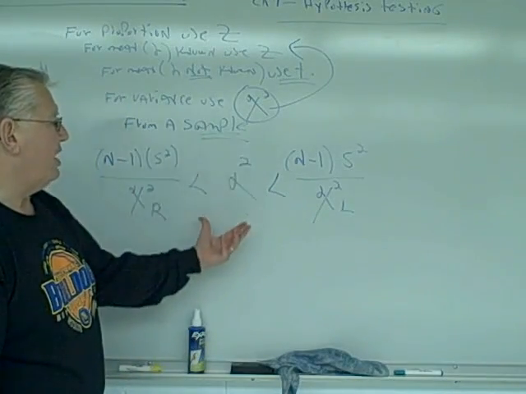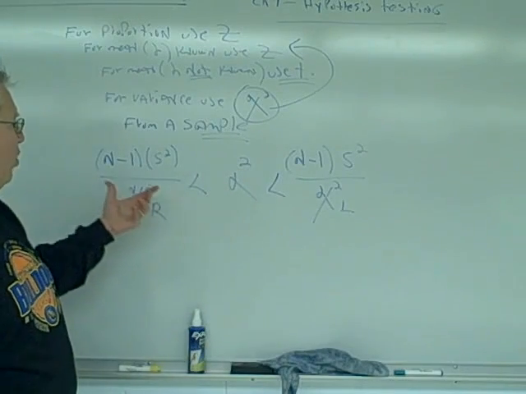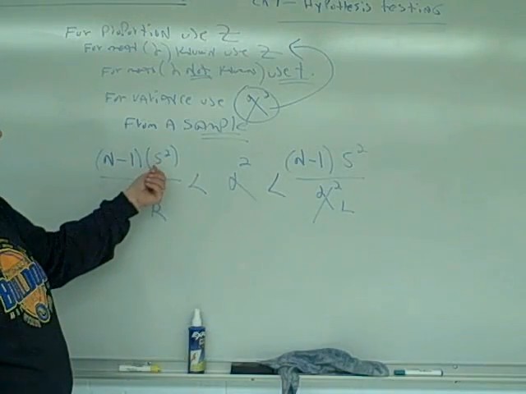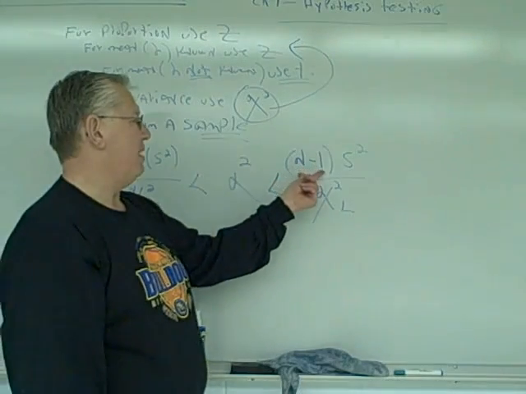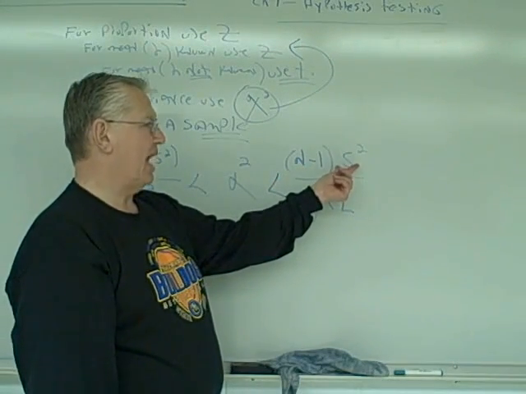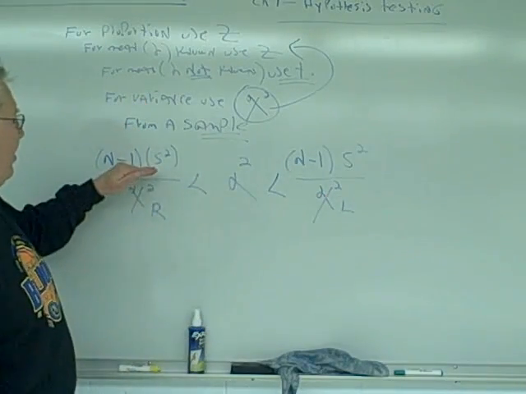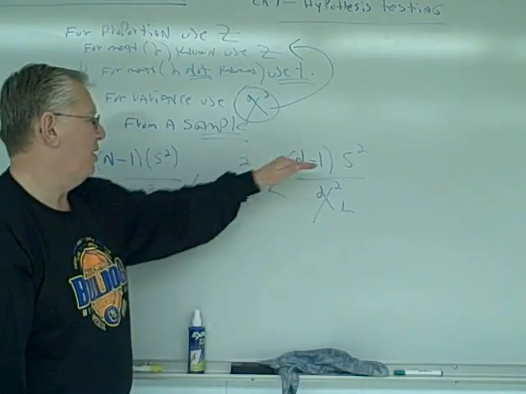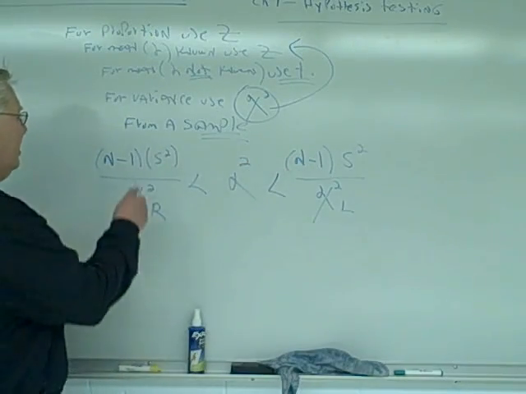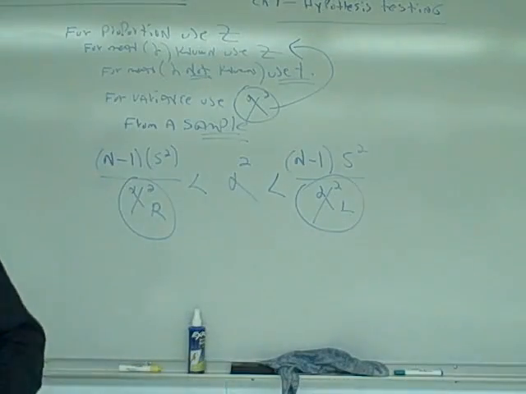The actual variance of the population is somewhere between n minus 1 times the sample standard deviation squared over chi squared right, and n minus 1 times the sample standard deviation squared over chi squared left. The tops of the two are the same. We've got to find a right chi squared and a left chi squared to use in that formula.